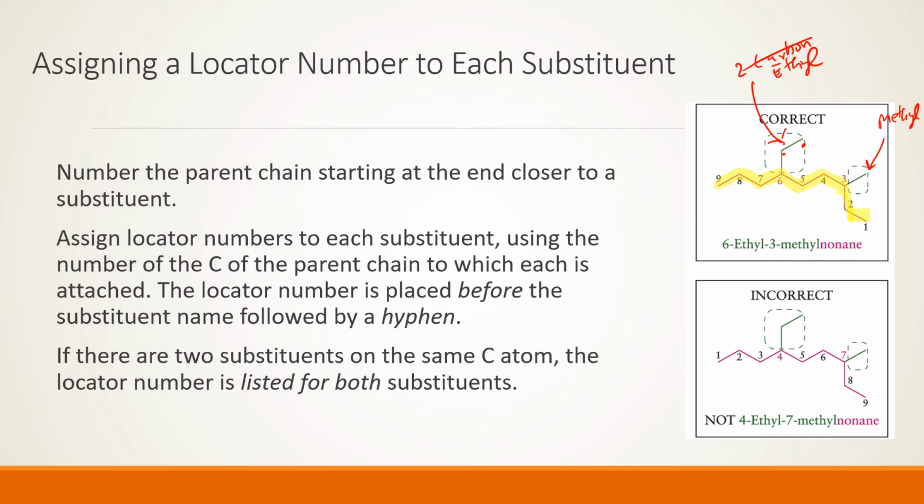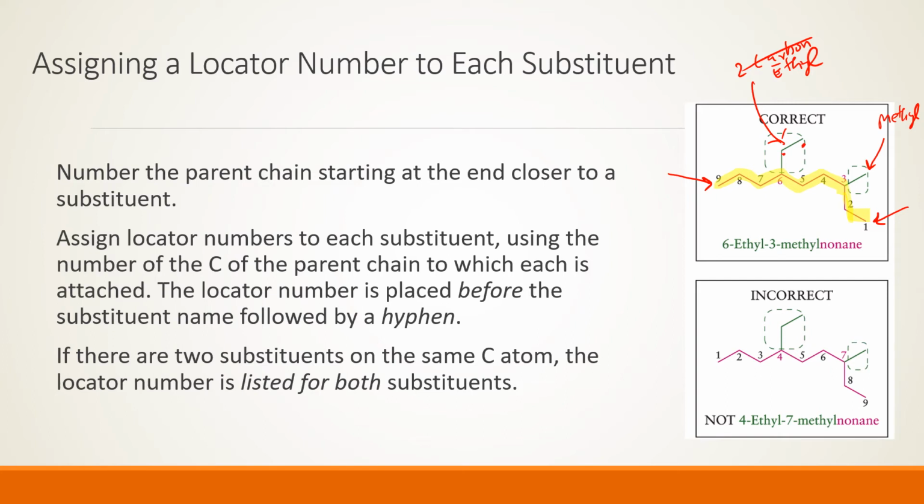Now the locator number is the number of the carbon atom on the main parent chain where the substituent is connected. We can either count from the left hand side or from the right hand side of the parent chain.